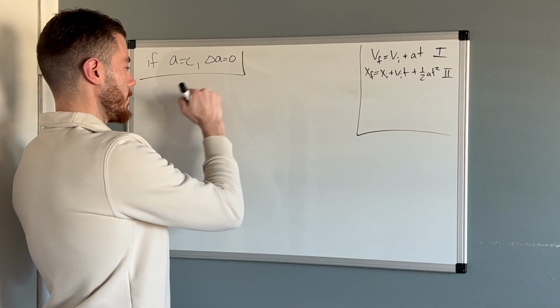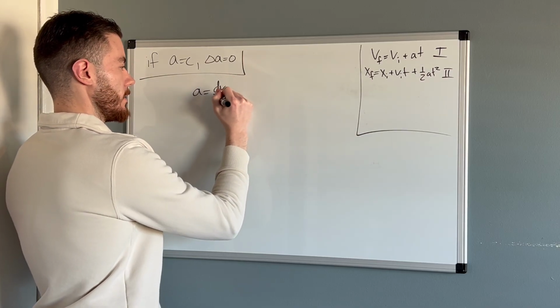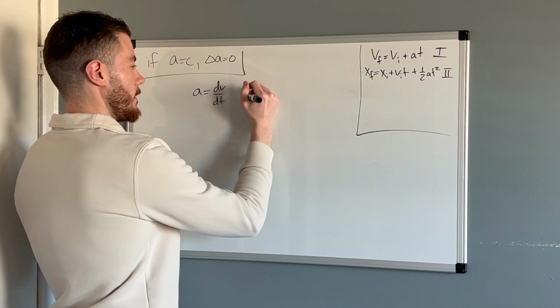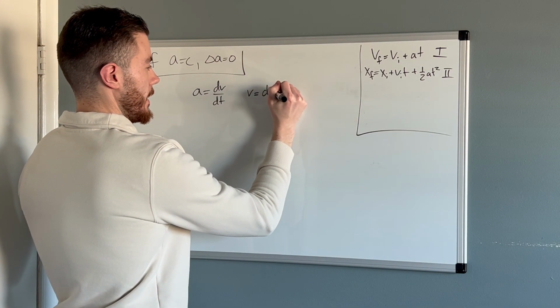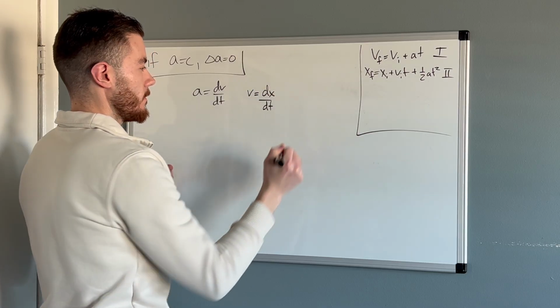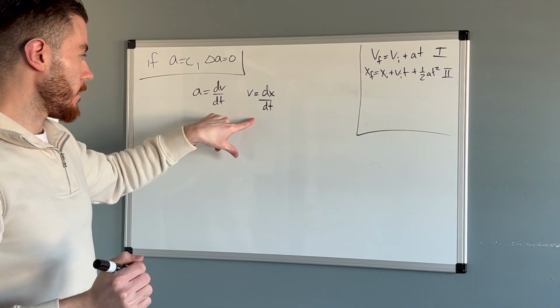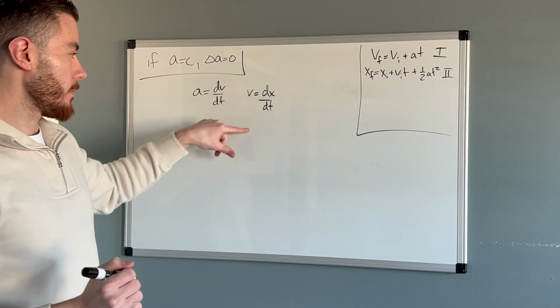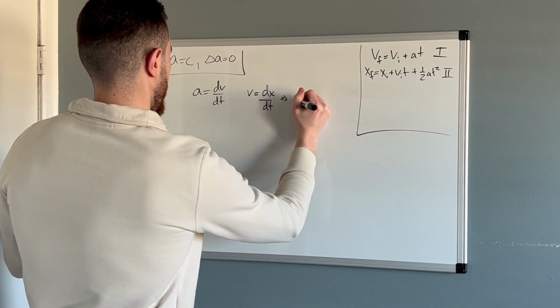Okay, the third one is going to come from an interesting place. The definition of acceleration is dv dt, and the definition of velocity is dx dt. How about we solve for dt in both of these and then set them equal to each other?